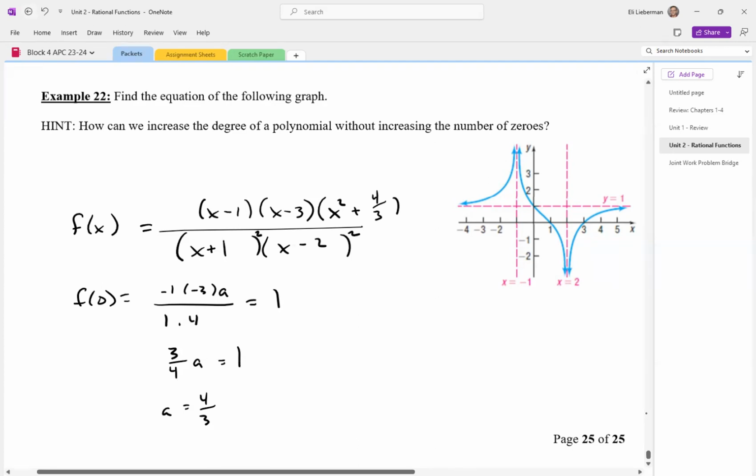At this point, I think we're just putting our pieces together: the fact that we have the x-intercepts here, and the asymptote is forced into place here, so the rest falls into that order.